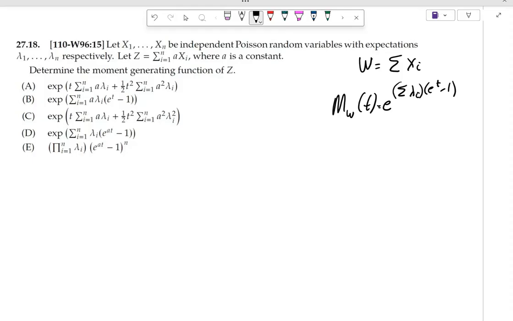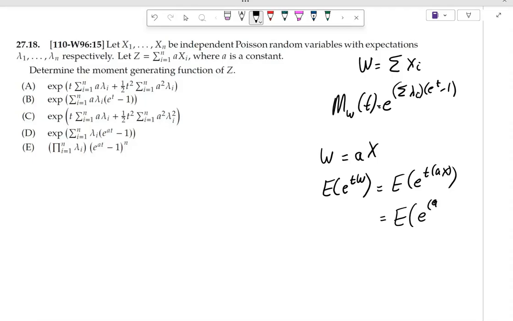What does the A do? Well, this goes back to that first example that we did when we had the 2 out in front of the Y, right? If I just had W was A times X, a single A, a single X, and I did the expected value of e to the t times W, there was a reason why I did it this way in that first example.